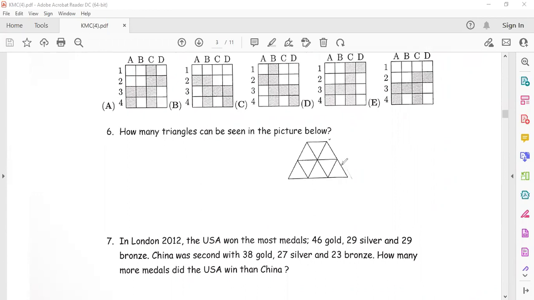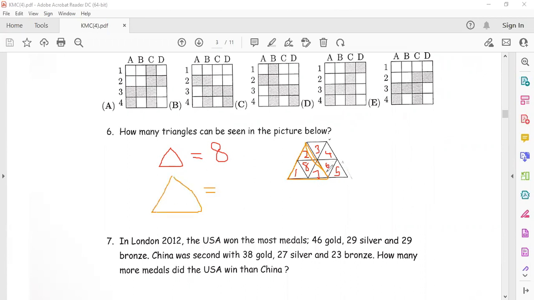Now, at first glance, you'd look like 1, 2, 3, 4, 5, 6, 7, and 8. That's right, yeah. At this size of a triangle, you can only see 8. But if you widen your scope a little bit and look bigger, you would see another triangle, a bigger triangle, right?